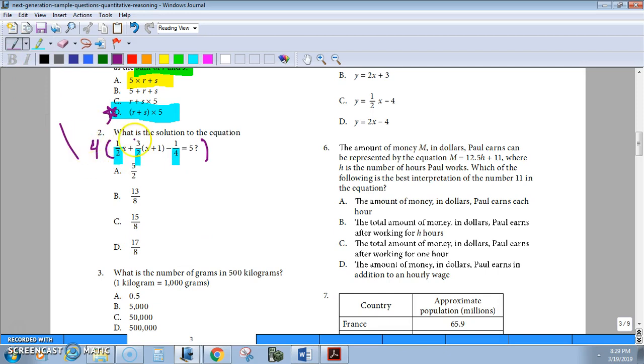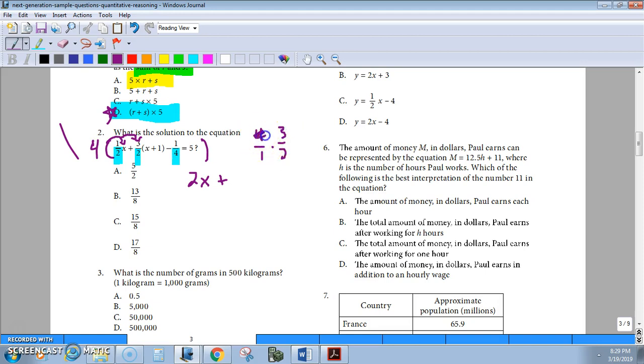So, 1/2, I'm just going to distribute that. 1/2 of 4 is going to be 2x, right? So that's going to be the first thing. And then plus 4 times 3 over 2. So what that's going to look like, you guys, if you want to see, I'll bring it out over here. 4 is really 4 over 1 times 3 over 2.